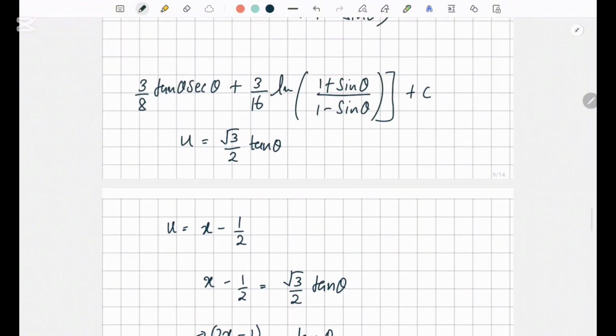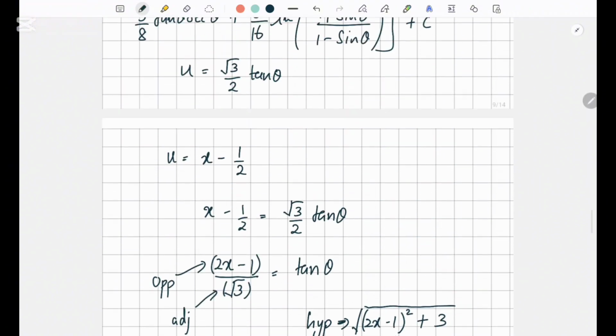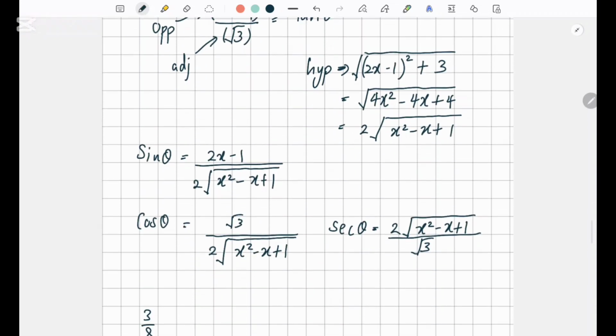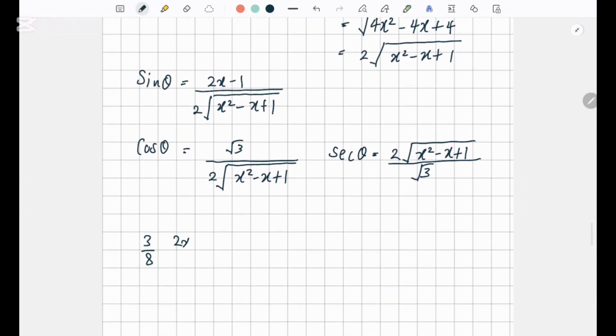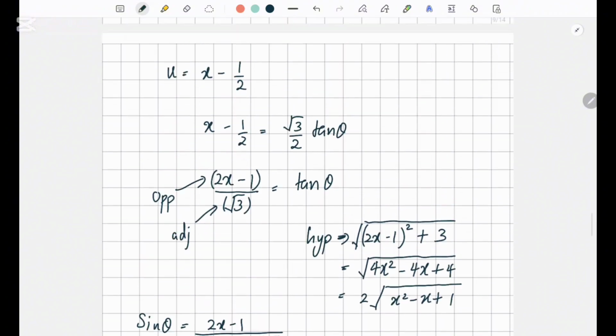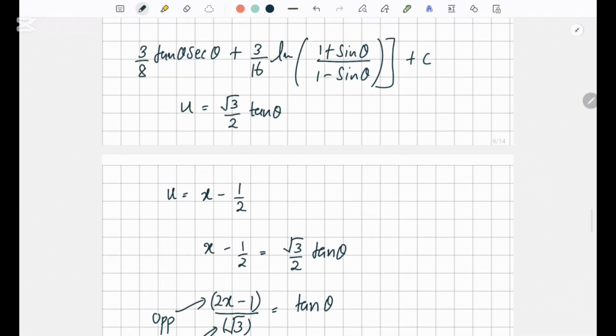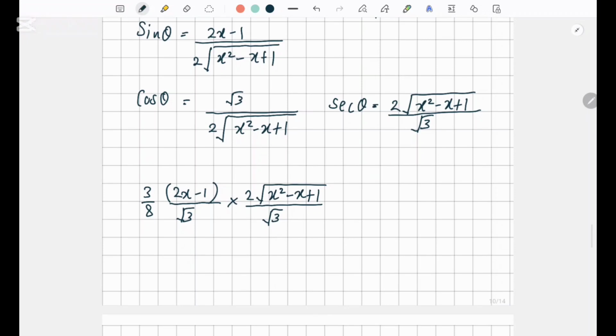Okay, now let's go back into our question. So we had 3 over 8 tan theta. So tan theta is 2x minus 1 over root 3 into sec theta, which is 2 into root x squared minus x plus 1 over root 3, plus, okay, now let's just simplify.